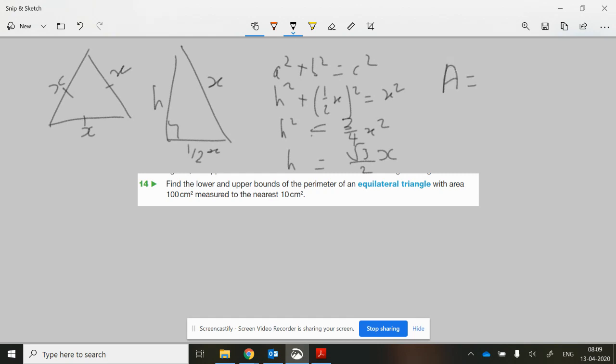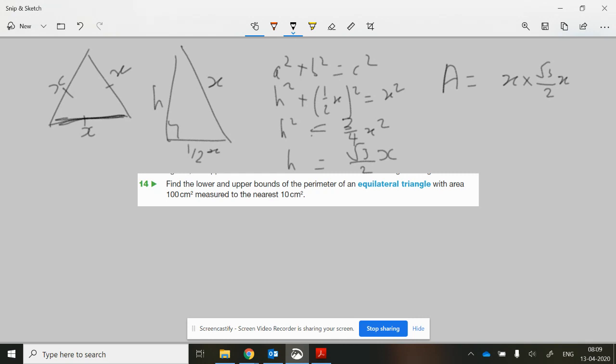So the area is equal to the base. So half, oh, what am I doing? Not a half x. We want the full base of this equilateral triangle. So in fact, x multiplied by root 3 over 2 times x, so that's the height.